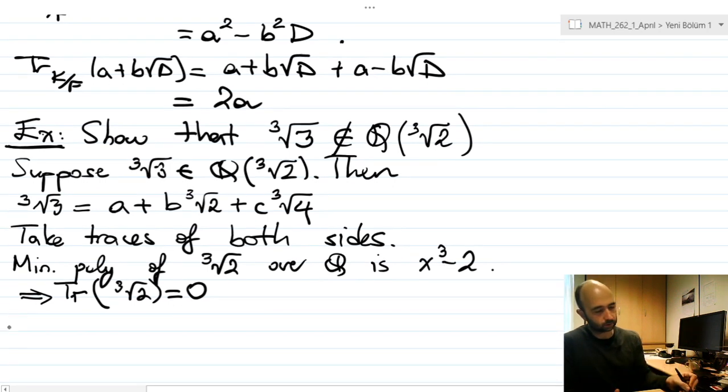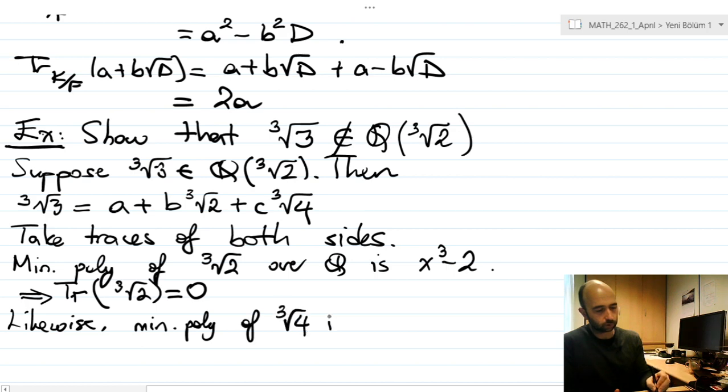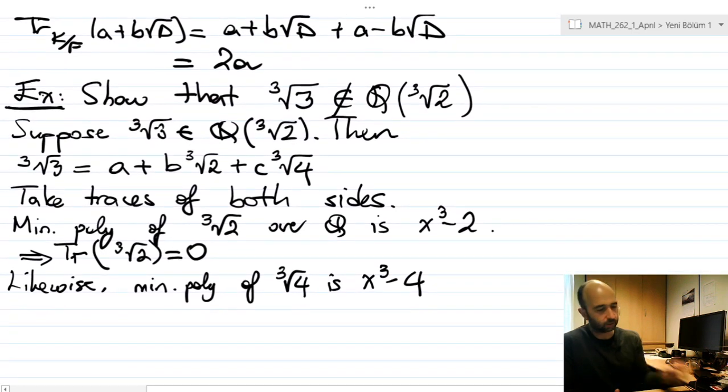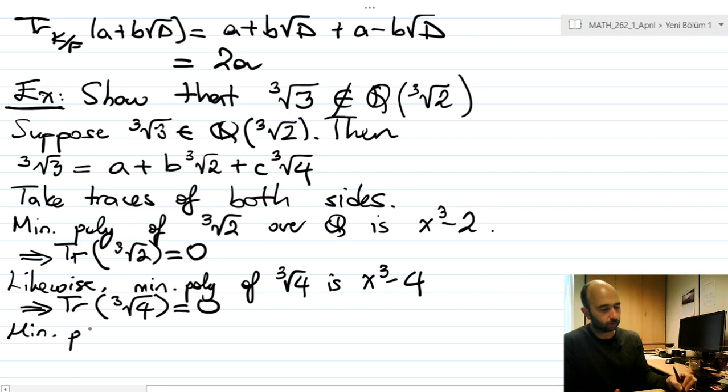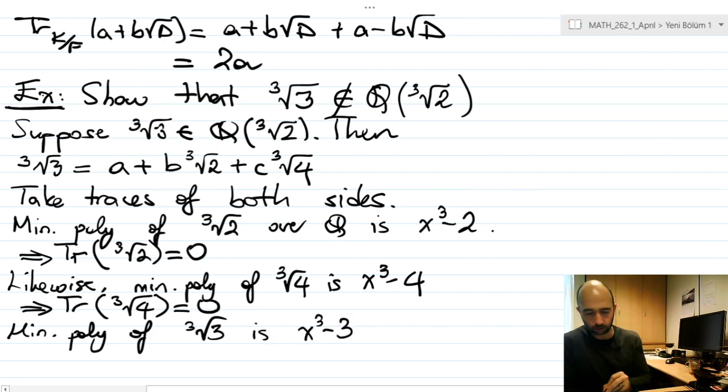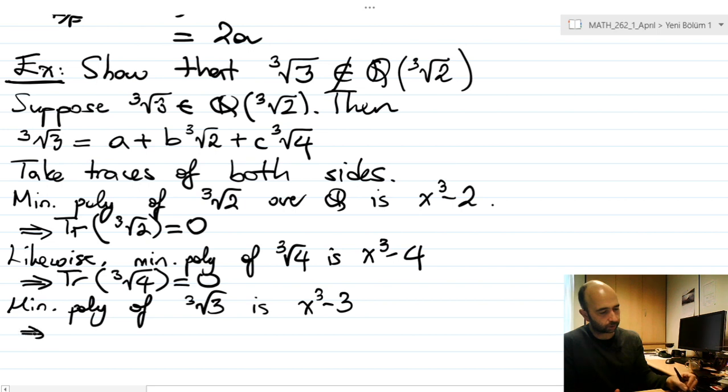Likewise, the minimal polynomial of cube root 4 is x cubed minus 4 because that's irreducible and cube root 2 satisfies it. So this element also has trace 0, and finally the minimal polynomial of cube root 3 is x cubed minus 3, and consequently that also has trace 0.